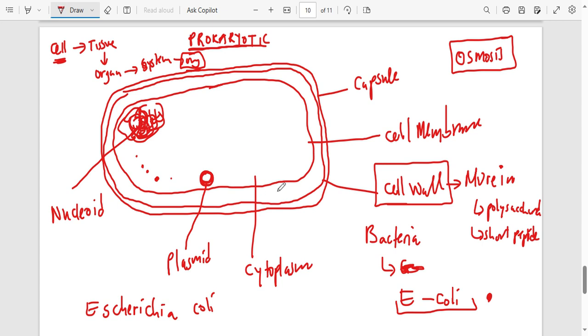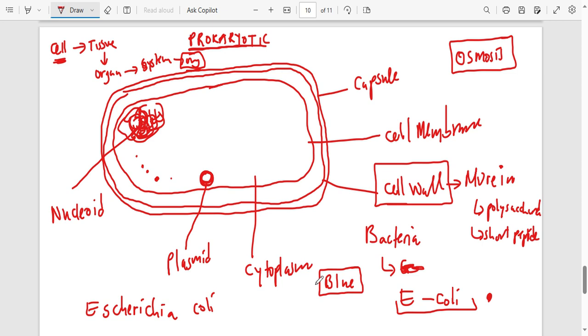When you stain this thing with a dye, think of it, you get this cell, you put it in ink, let's say the ink is blue. If this cell maintains that blue ink, you say it has retained the ink, so it is positive for that ink. Gram positive bacteria or gram positive cells maintain or retain the gram stain. Gram negative bacteria will not retain. Say, for example, you place the cell in blue ink, but then after you remove it, the blue ink moves away. So that's the meaning.